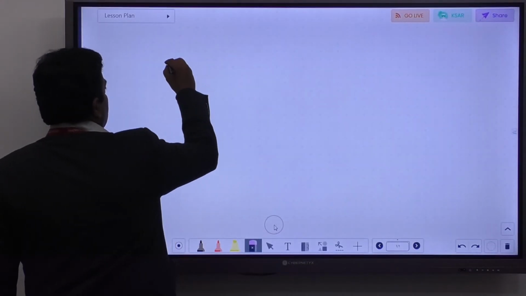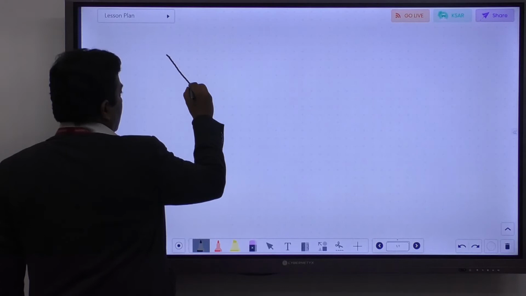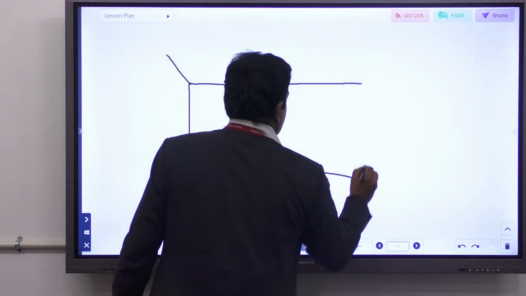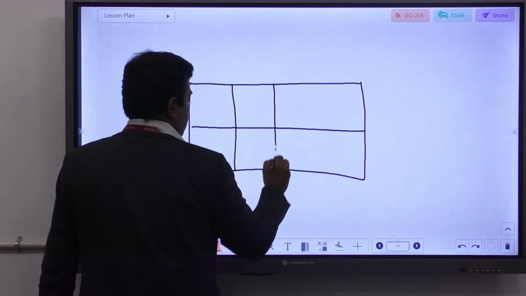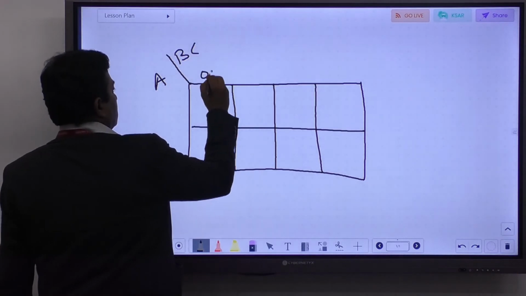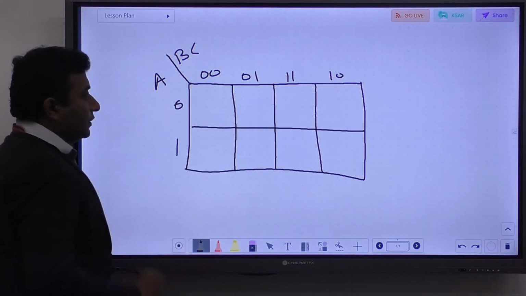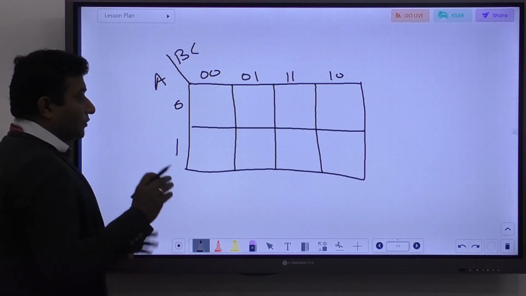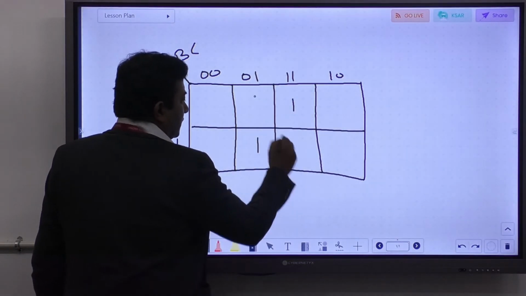Okay, so again we are taking a 3 variable K-map. So, what you can do over here is, in case if the minterms lie over here, you can easily see that there is a quad.